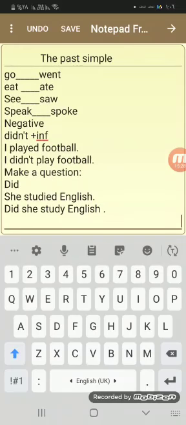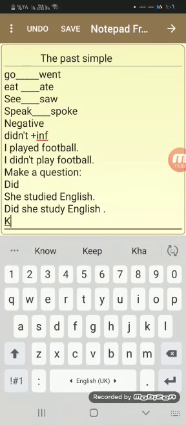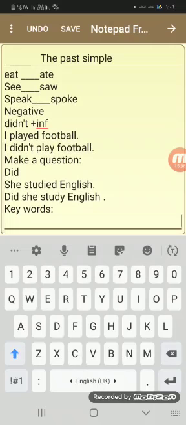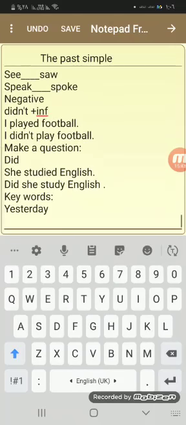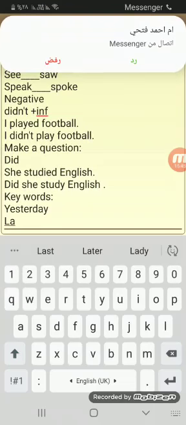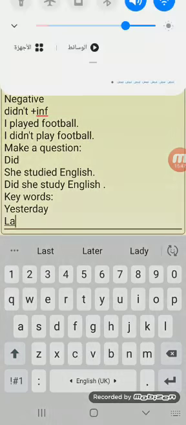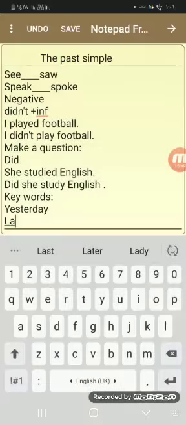We have some keywords that come with the past simple. What's the keyword? Yesterday. The second word. Last.